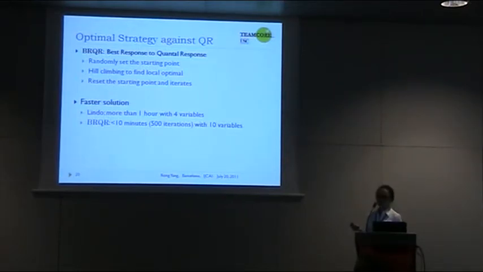So we developed BRQR, the algorithm to compute the best response to quantal response. We iteratively set different starting points and run hill climbing to find the closest local optimum. Hopefully, as the number of iterations increases, the probability of reaching the global optimum will also increase.